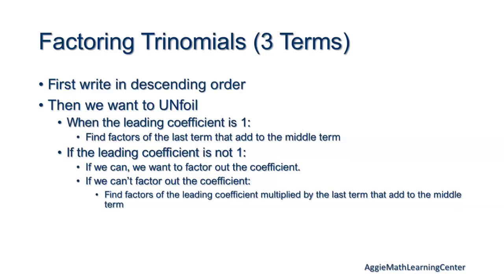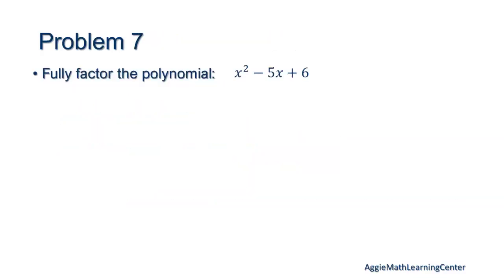When we don't have 1 as the leading coefficient, we multiply the leading coefficient by the last number, and then we find the factors for that number that add to the middle number. So, any questions so far? Lots of vocabulary. We'll get into some examples.